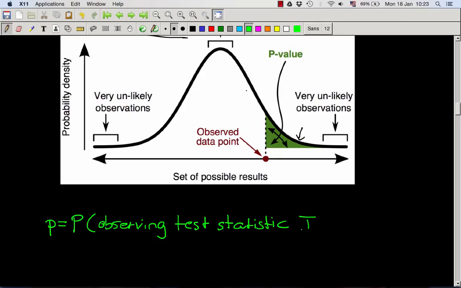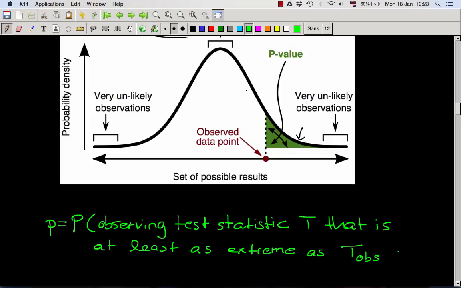It's Z in the case of a standard normal distribution, but in the general case it's T. That is at least as extreme as the T_ops that we observed. This area here is p.